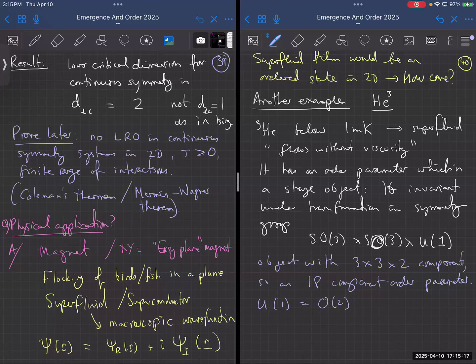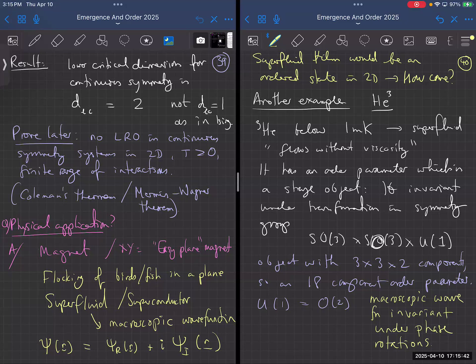This comes from the macroscopic wave function, which is invariant under phase rotations. You learned this on your mother's knee when you learned quantum mechanics.